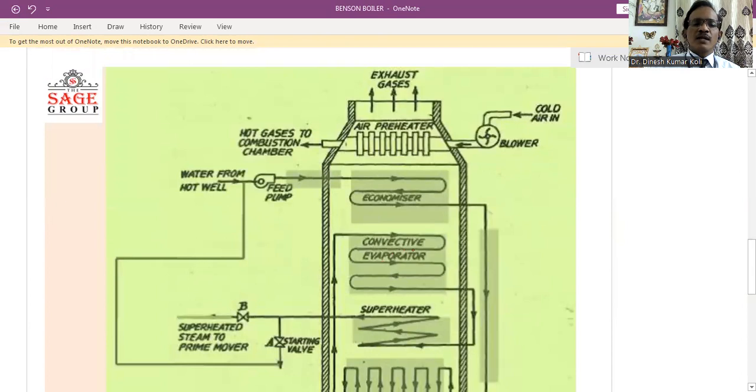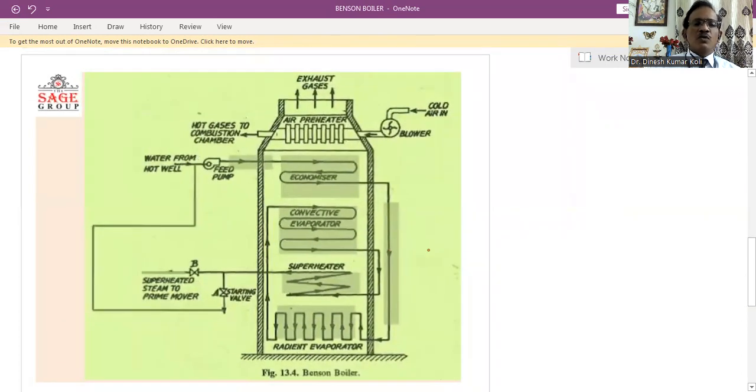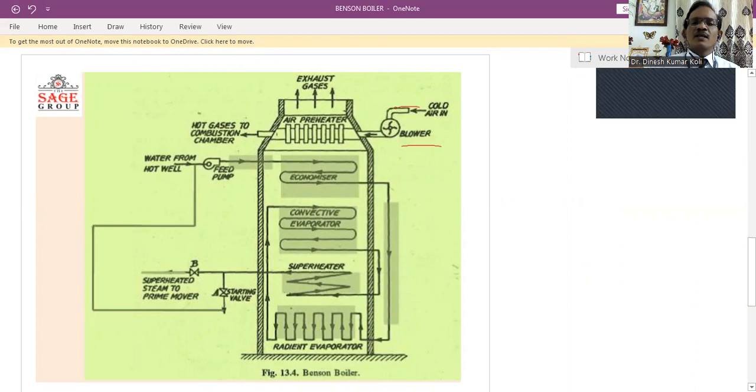Now this is the schematic diagram for this boiler. Similar to the Lamont boiler, here we have a blower, and the cold air passes through this blower and then through this section, which is called the air preheater.